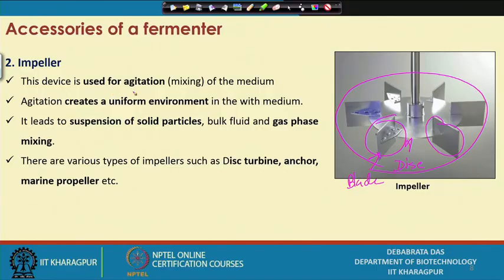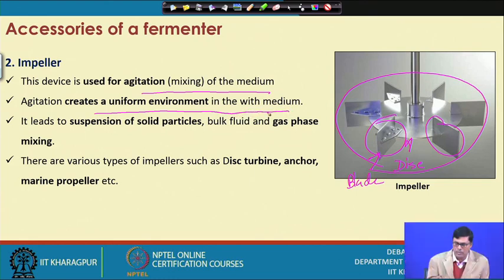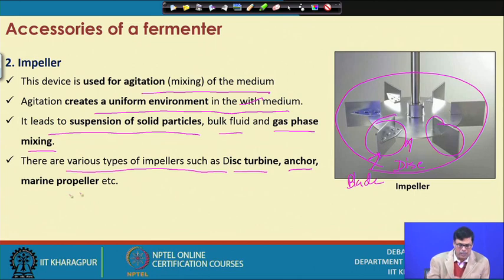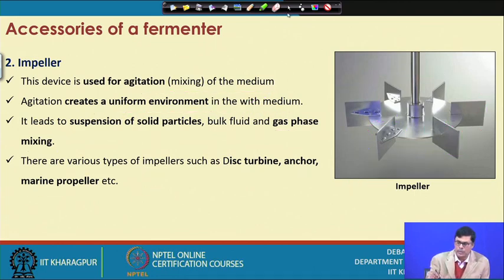In industry we have to do trial and error just to optimize the number of blades in the disc. That device is used for agitation and mixing and creates a uniform environment in the media. It leads to suspension of solid particles, bulk fluid and gas phase mixing. There are various types of impeller: Rushton turbine, anchor and marine propeller. I already discussed them, so I don't want to repeat it again.